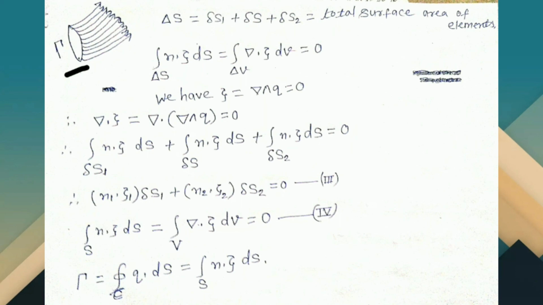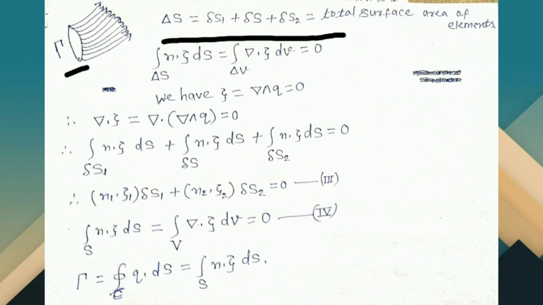Also let delta S be the curved surface of the vortex tube. So capital delta S is equal to delta S1 plus delta S plus delta S2, which is the total surface area of the elements, and delta V is equal to the total volume which delta S contains.